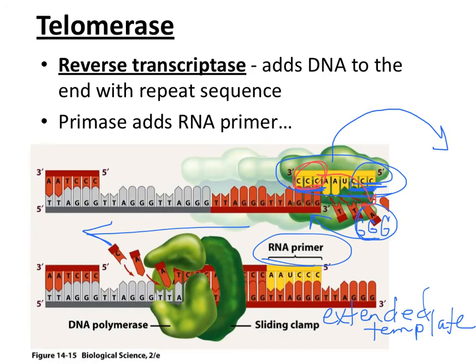Because remember this is an extended template, here they're showing you the important difference. The gray over here was the original DNA. Because you have created the primer on the extended template, by the time you get to the original template, which is over here, your DNA polymerase is already well on its way making the new strand.